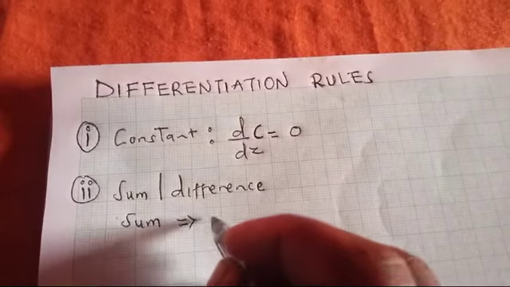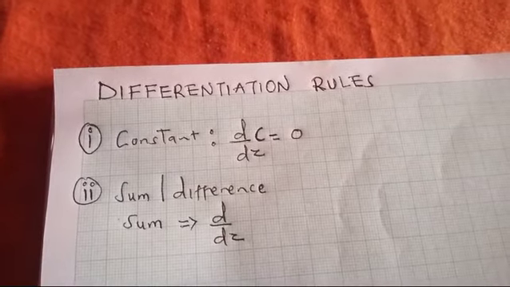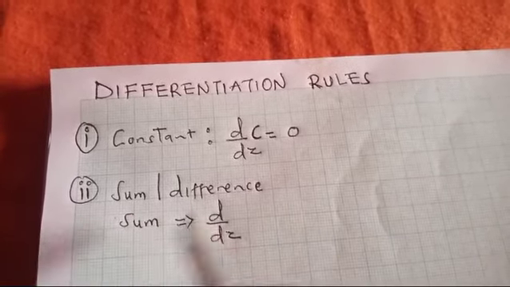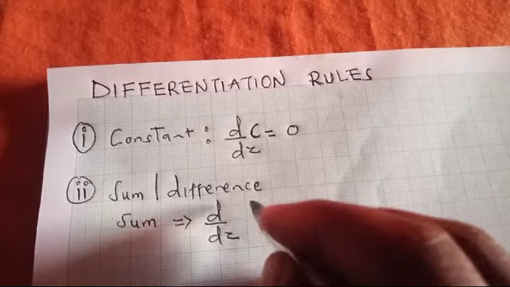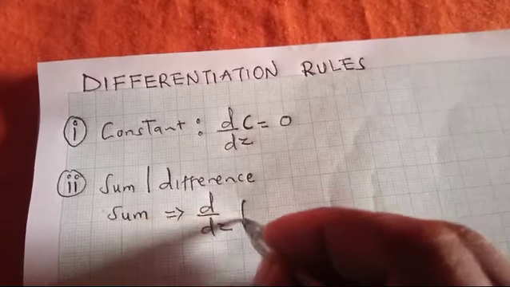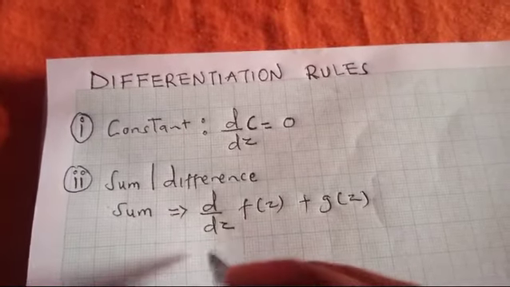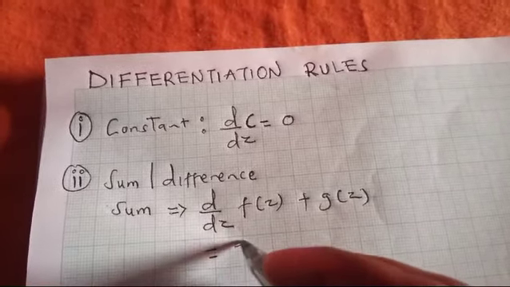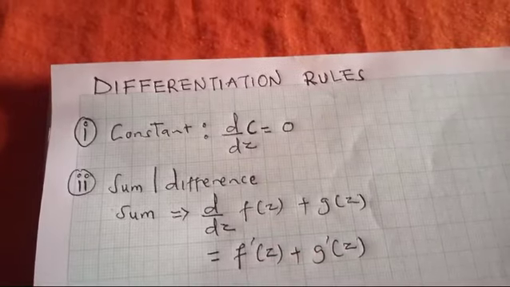When you work out the derivative for the sum, or when you carry out addition, let us assume that we have two functions, f of z plus g of z. The derivative will be the derivative of the first function plus the derivative of the second function.